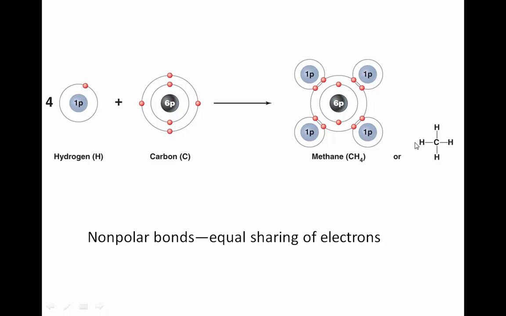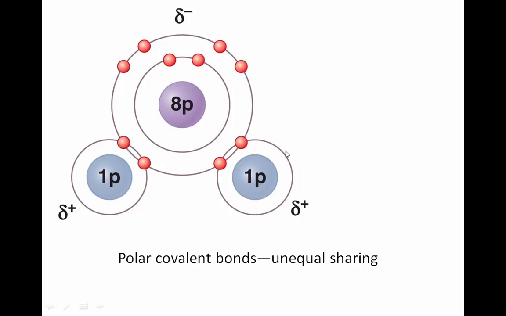So everybody's happy. And here you see another way to write this: carbon in the center and 4 single bonds, one with each hydrogen. This is nonpolar because there's no uneven distribution of protons or electrons. The electrons are all shared equally among all of the atoms in this molecule.